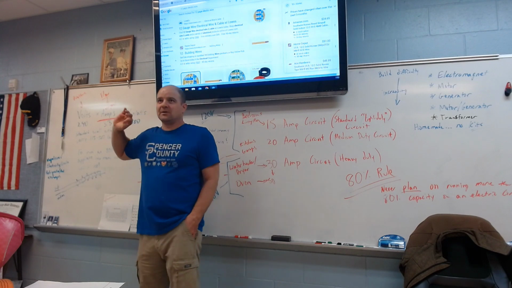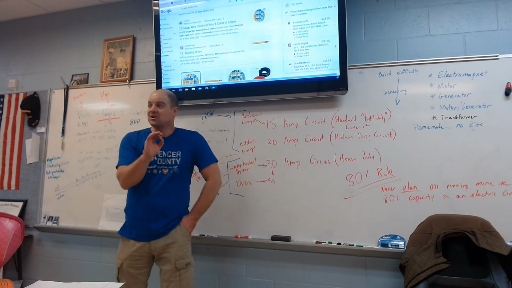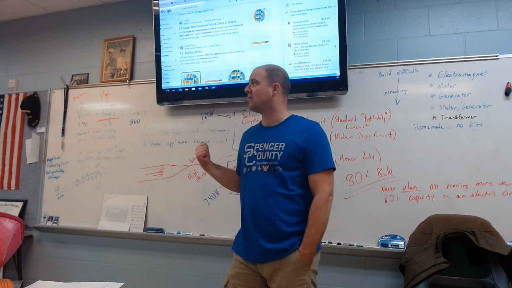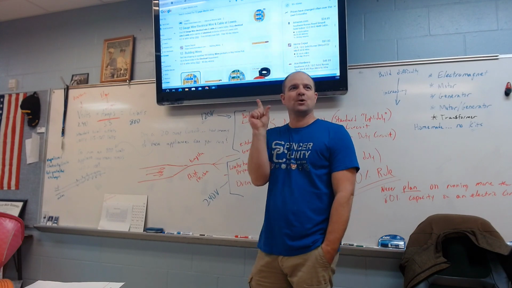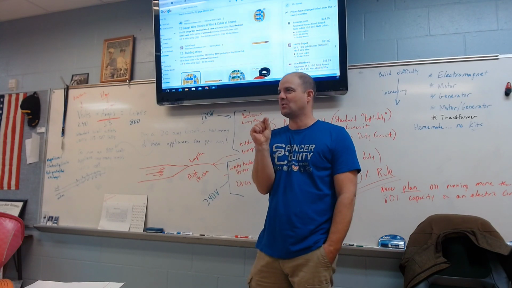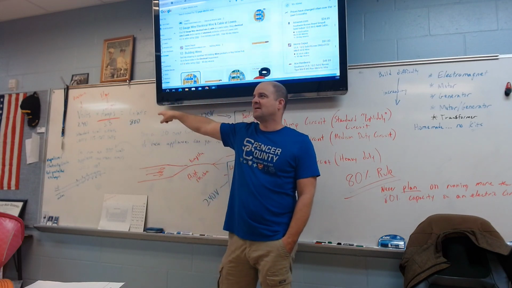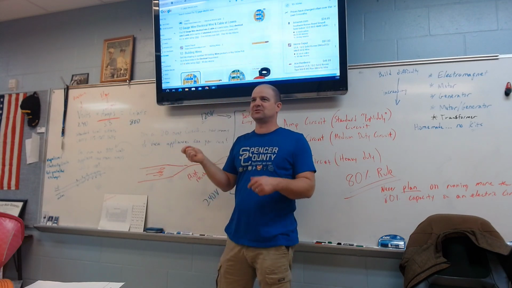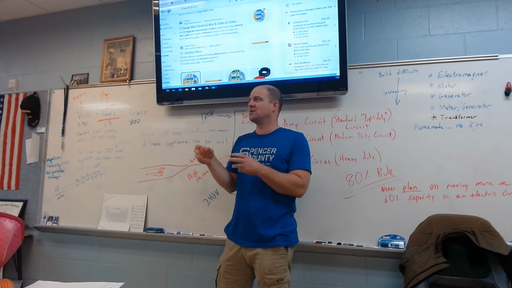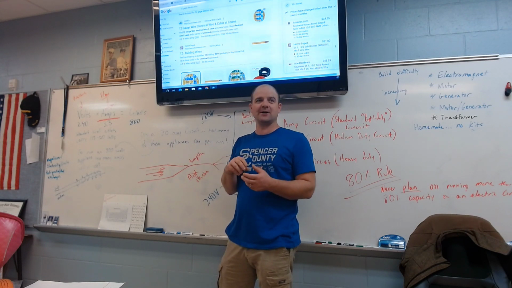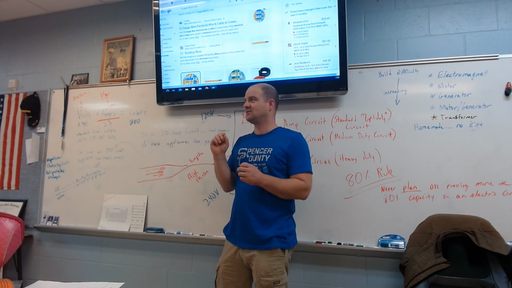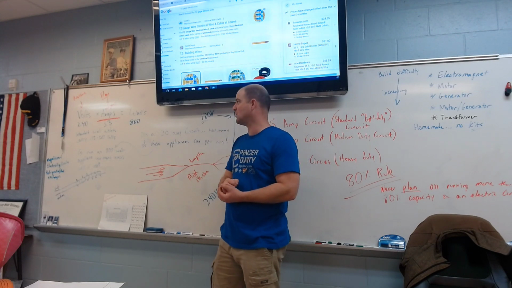So the reason some countries have 240 volt systems is their wiring can be smaller. The reason I have amps underlined in red is because amps, the flow of electricity, is what heats up your wiring. It's not the volts, it's the amps that heat up the wiring.